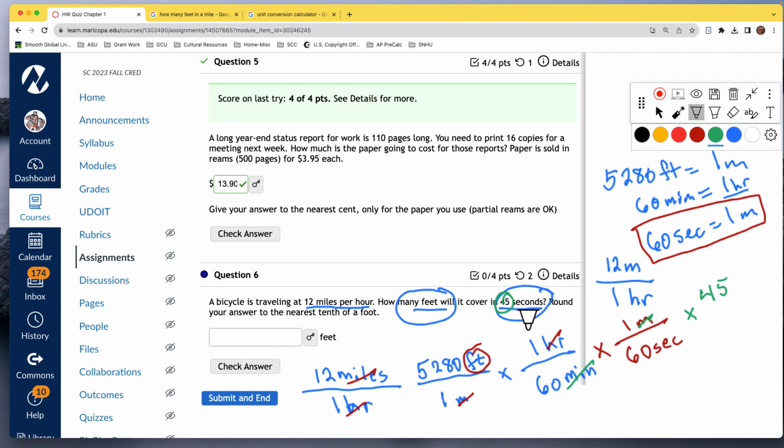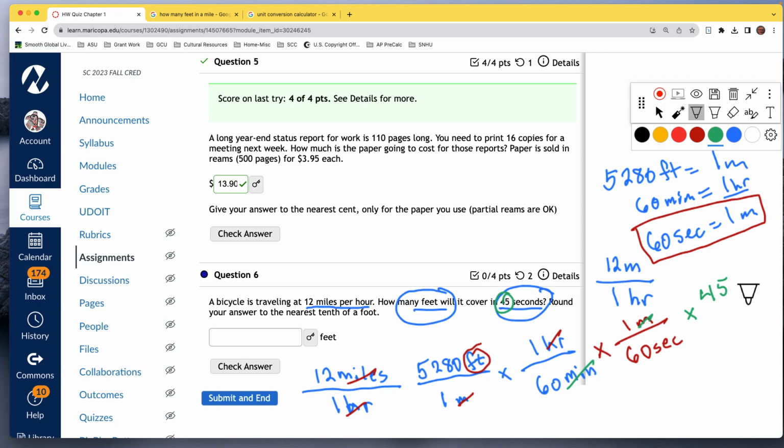We want to convert to feet per 45 seconds. Does that make sense? Kind of. If you forget to multiply by 45, if you just convert the units, what you'll end up with is really feet per second. I didn't explain that well.